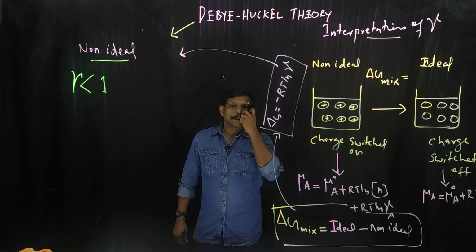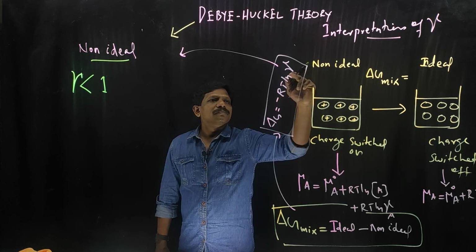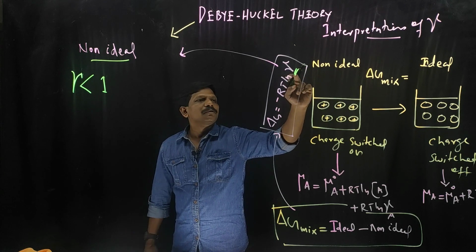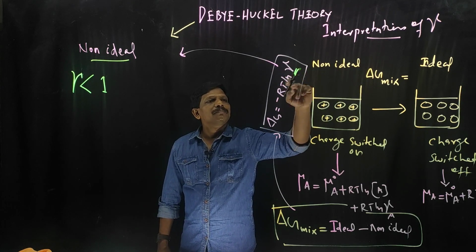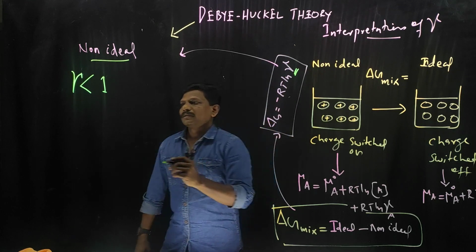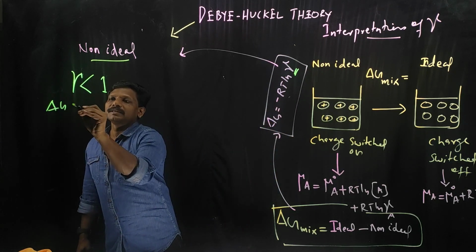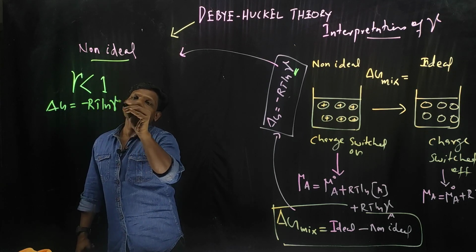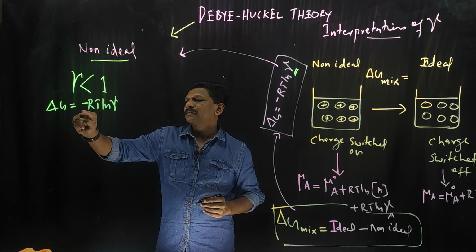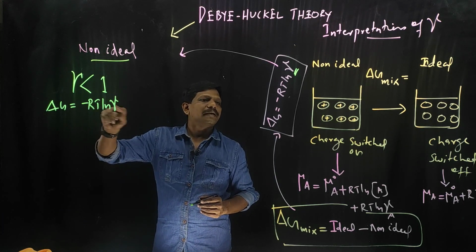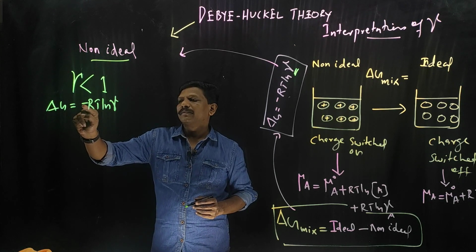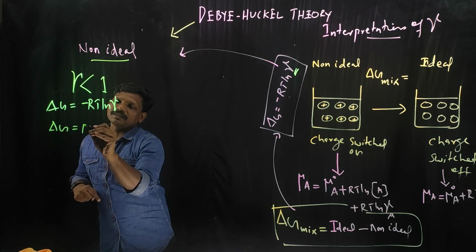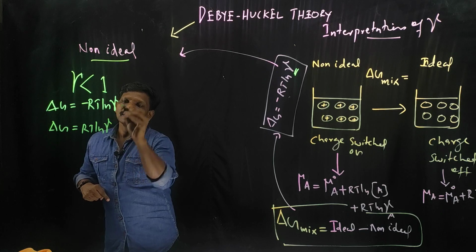So what happens to this term? Gamma smaller than 1 means ln gamma will be negative. So in the equation delta G is equal to minus RT ln gamma, gamma smaller than 1 means ln gamma is negative, and the sign of the whole thing will be positive. So now this delta G is positive.